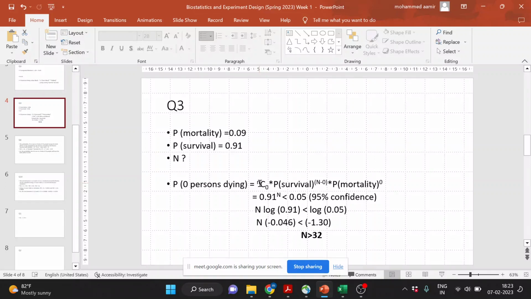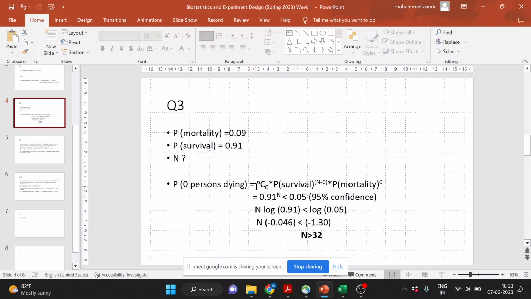That is given by nC0 into, nC0 is basically you don't want anyone to die. So nC0 amounts to how much? 1, because it's given by n factorial divided by n factorial, which is 1. Into probability of survival. Everyone should survive, all the n number of people should survive, and p, the probability of mortality, is raised to 0.